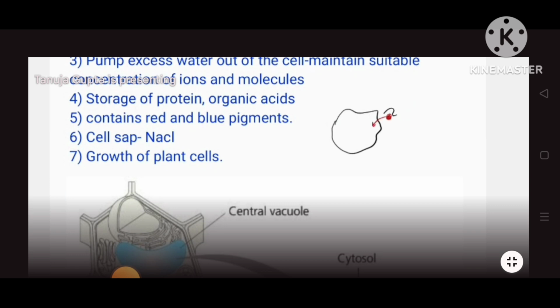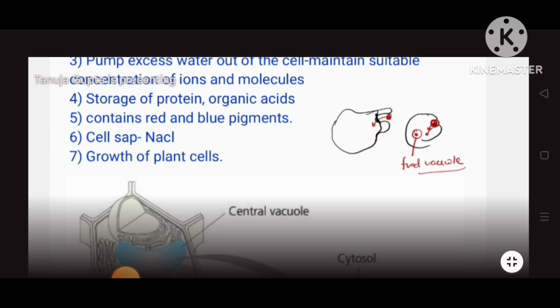This membrane makes this kind of structure, and the food is taken inside. The membrane makes a covering around it, and this is how they make a vacuole. It is called food vacuole, a vacuole which has food, which helps in phagocytosis.